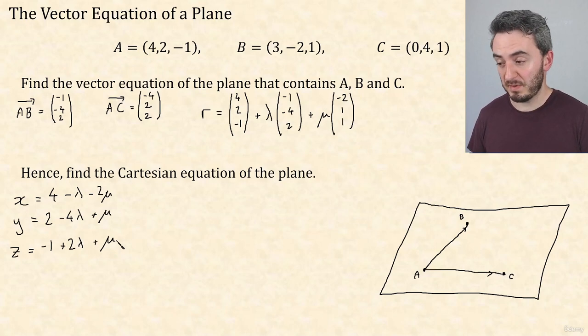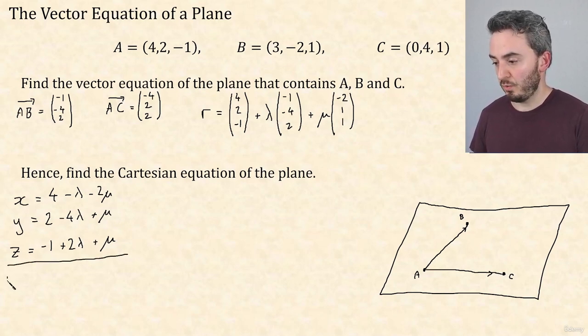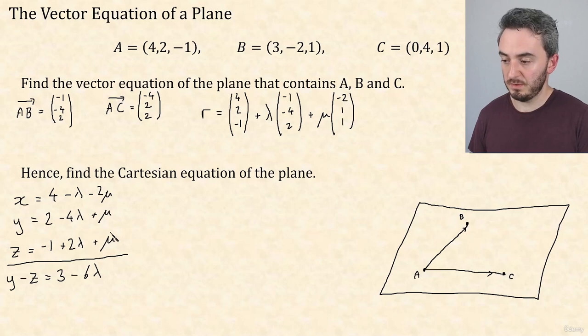We can do it one step at a time. It looks fairly easy to eliminate mu by just subtracting these two lines. Subtracting these two, I get y minus z is 2 minus -1 is 3, minus 4 lambda minus 2 lambda is minus 6 lambda, and the mu's cancel. Next I can eliminate mu from the top two, and to do that I might double this y line.